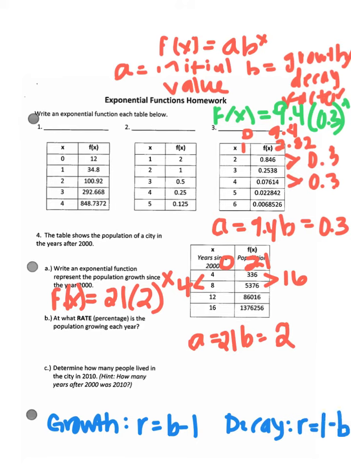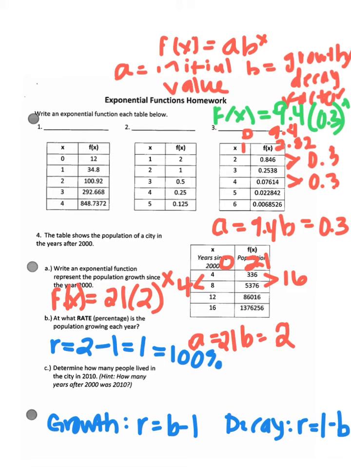So it depends on the function. Since this is growth, I'm going to do r, the rate, equals b, which is 2, minus 1. So r is 1, but r is really a percentage, so 1 as a percentage is 100%. The population is increasing by 100% each year.